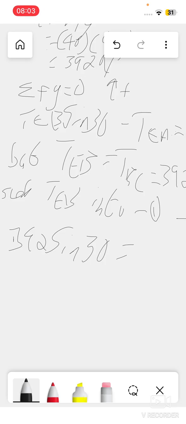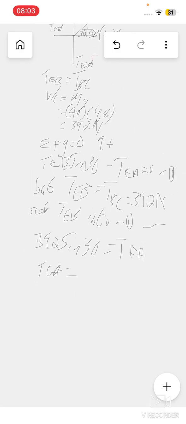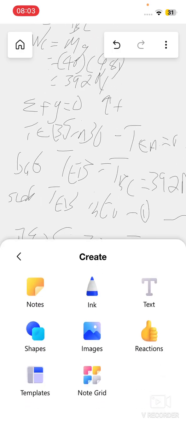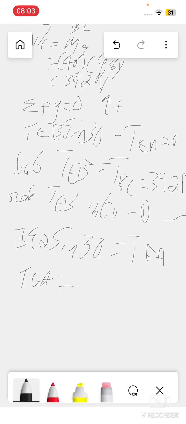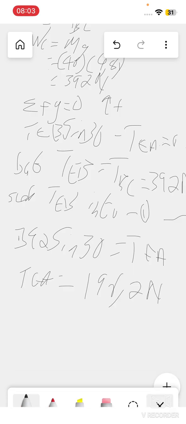Let's transpose this TEA to this side. Our TEA is going to give us 196.2 Newton. But we are not done.